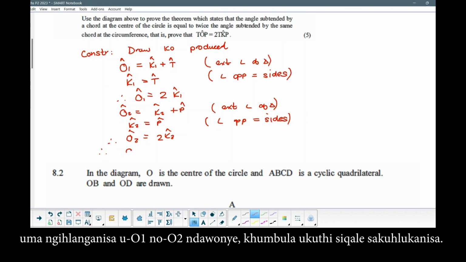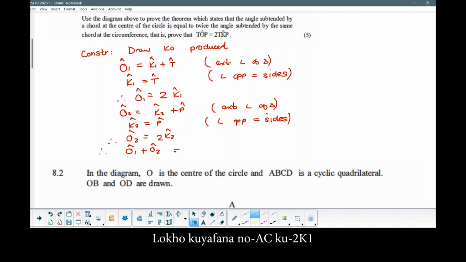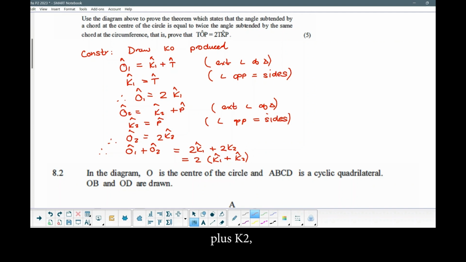That means if I add O1 and O2 together, remember we split it to start with, that's the same as saying 2K1 plus 2K2, which is equal to 2 times K1 plus K2, which is in fact telling us that angle TOP, which is O1 and O2, is equal to twice TKP. And that's it. That's your proof.